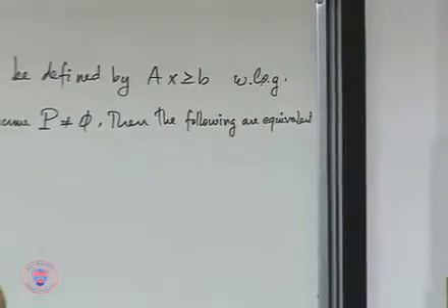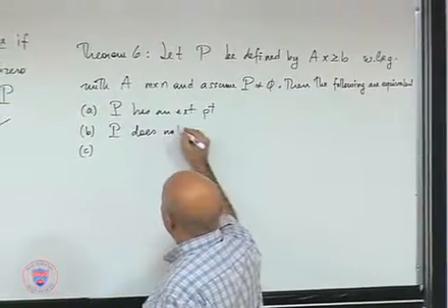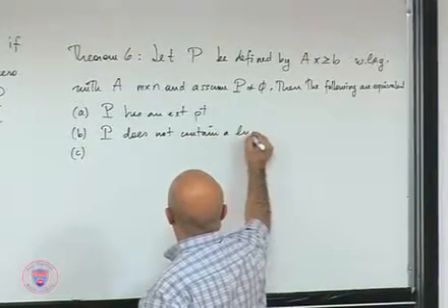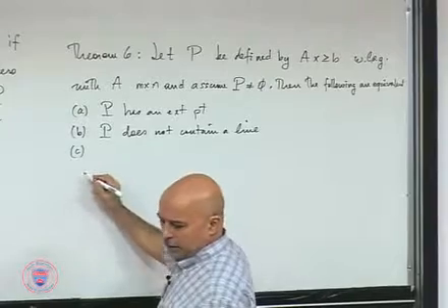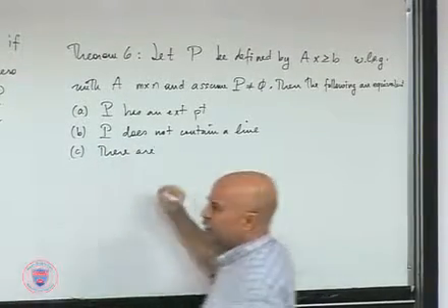B says P does not contain a line. And C, there are n rows of A that are linearly independent.